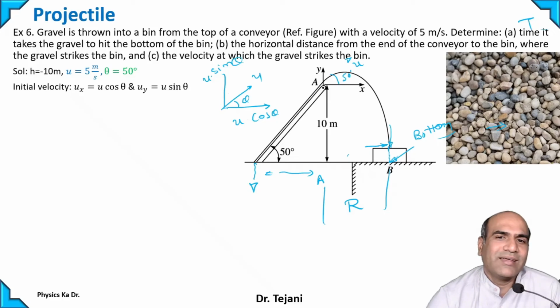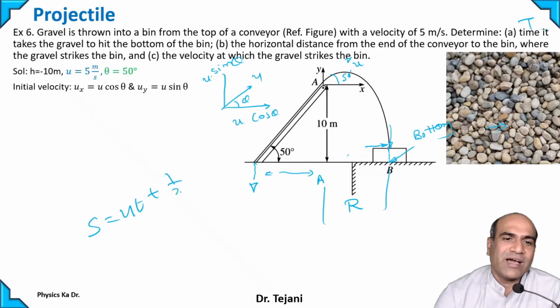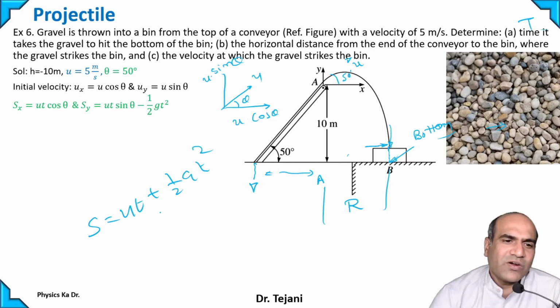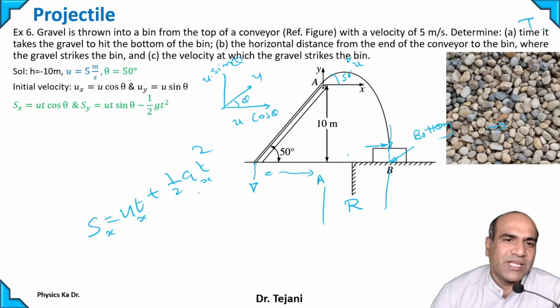Then distances are required, so I suggest s is equal to ut plus 1 half at square. Use this equation. So we get two components, one horizontal and another vertical, that we did several times, so not repeating now. So we will have two equations: Sx is equal to ut cos theta, and Sy is equal to ut sin theta minus 1 half gt square.